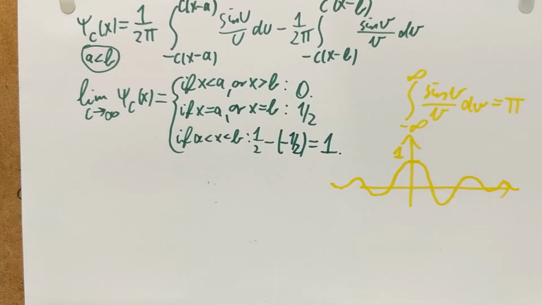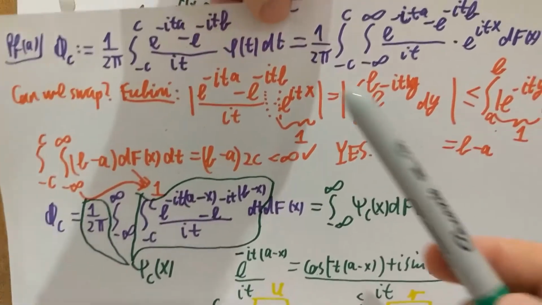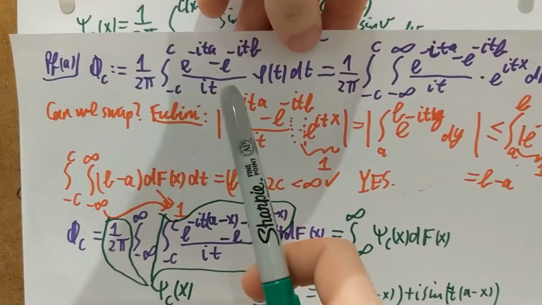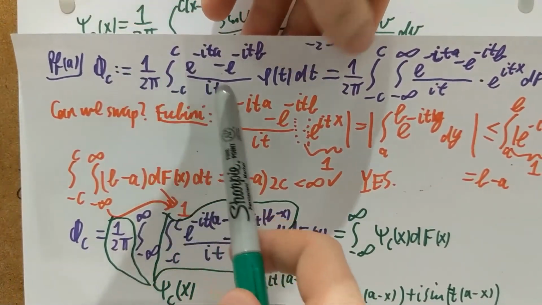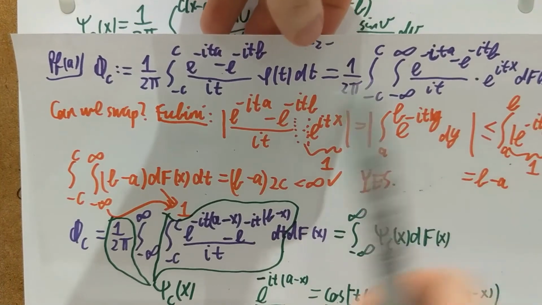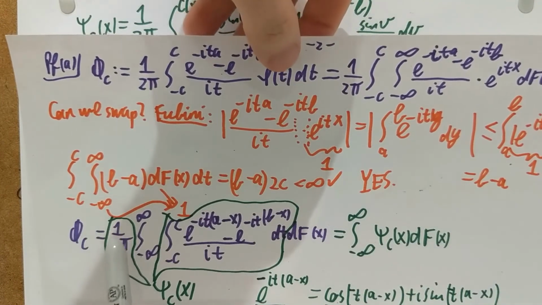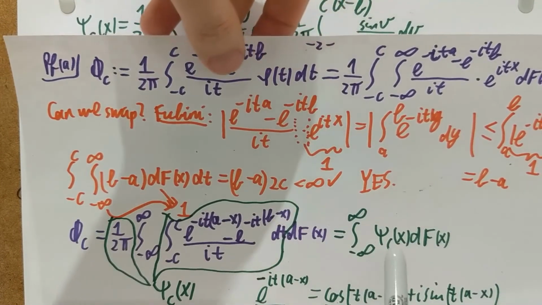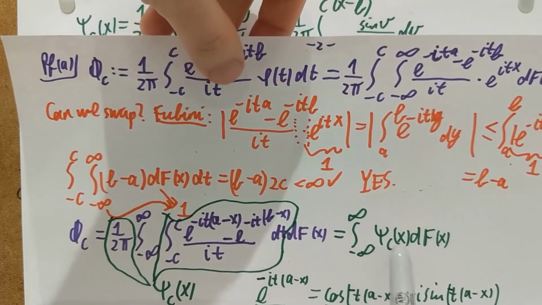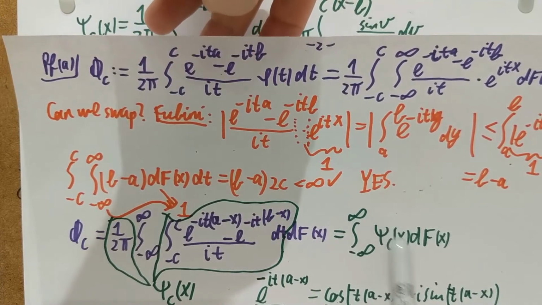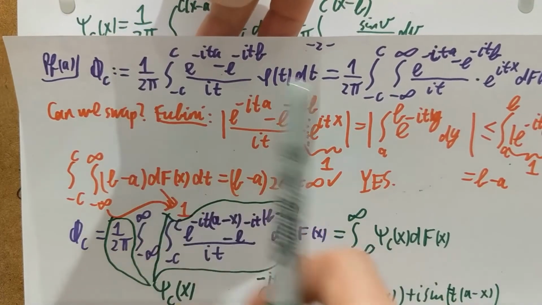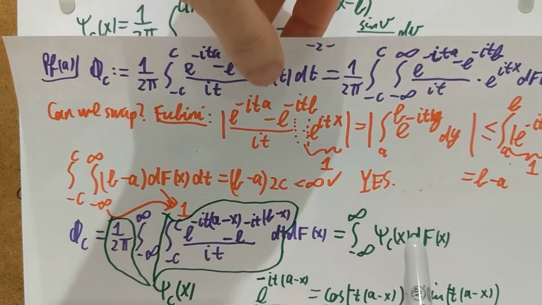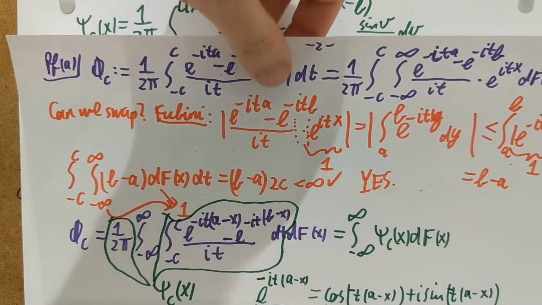So now I'm almost done. Let's recap what we are doing here. We want to look at phi of c. Phi of c is just the integral of psi of c. So phi is the integral of psi with respect to the distribution function.